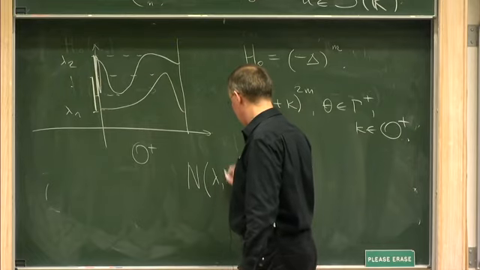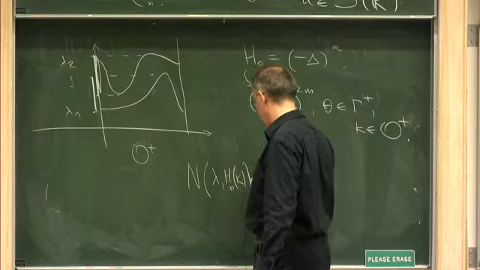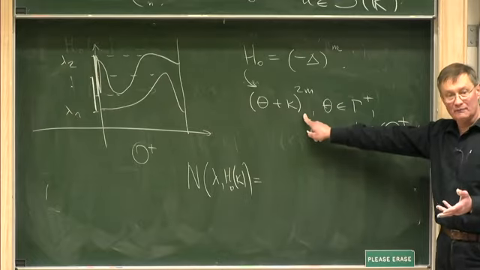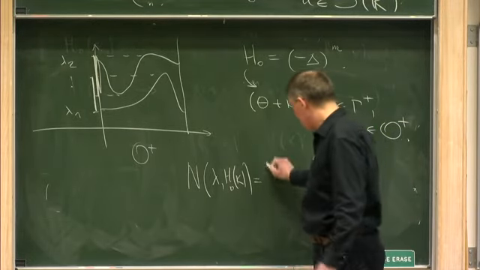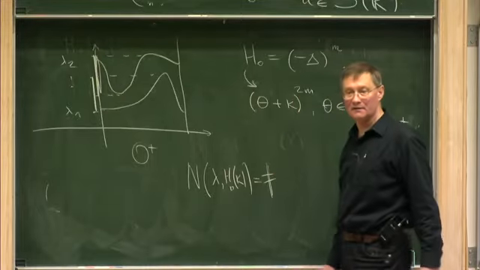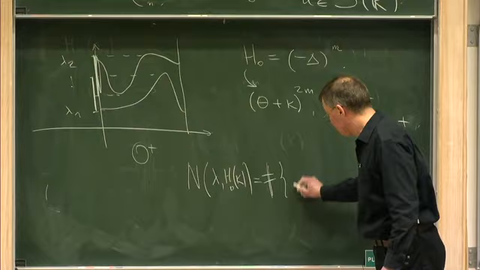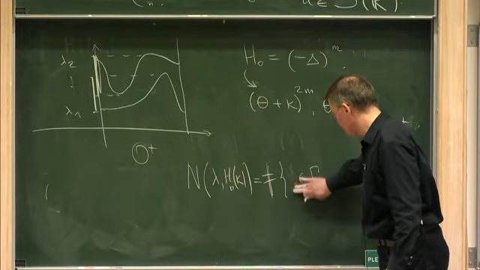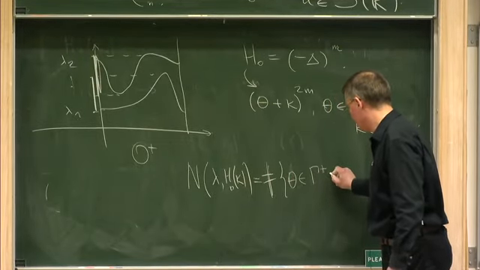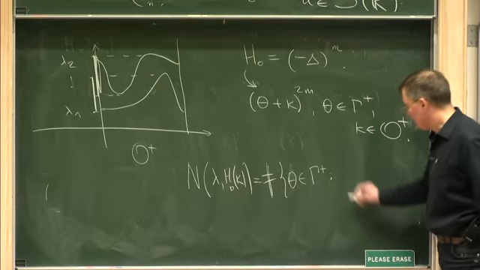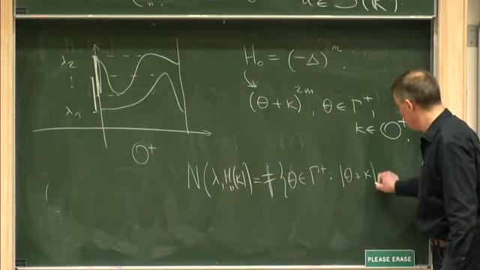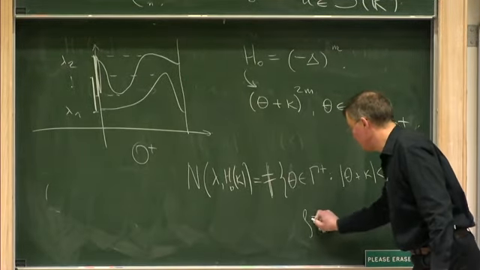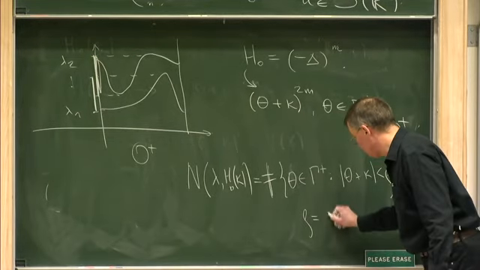And if you count them, for H naught k, what you will find, looking at this formula, is that the number of eigenvalues below lambda is nothing but the number, I will write it like that, this is the sharp sign, the number of lattice points, which I denote by n, or actually theta would be just fine, number of lattice points inside the ball of radius rho, and rho here is related to the spectral parameter like that.